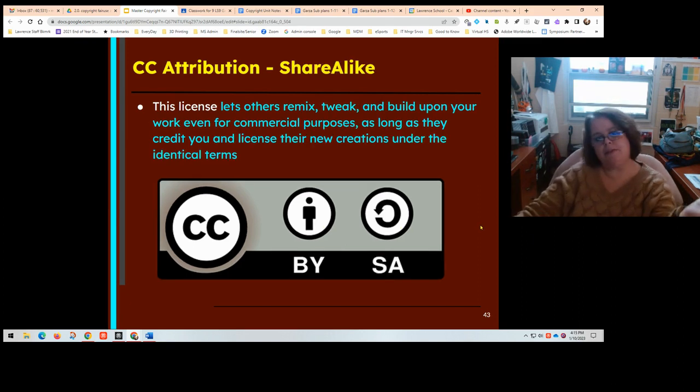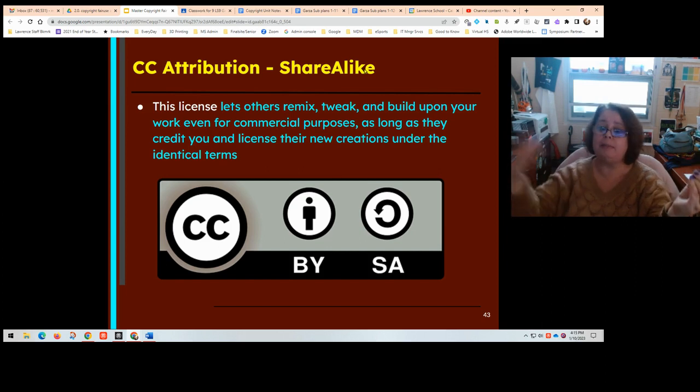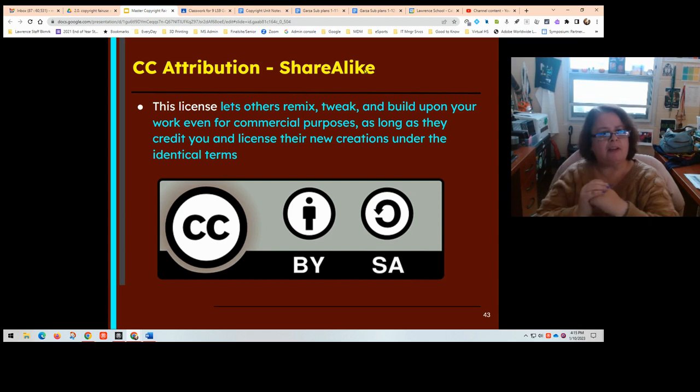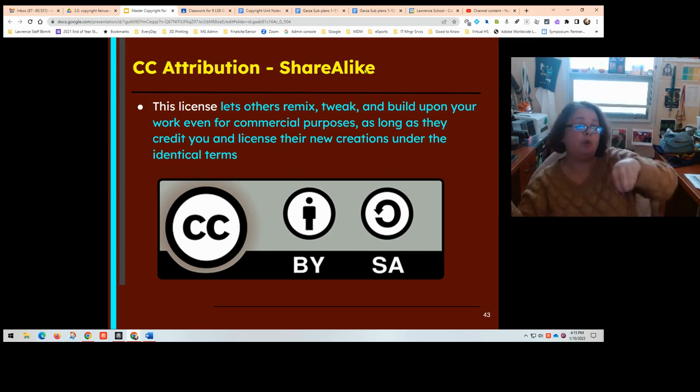The second type of Creative Commons license is called attribution share alike. What that means is that you could use somebody's work, their song, their movie, their book, and you could change it and build on it, even if you're making money off it, as long as you credit them and say they created the original, and if your new creation also has the same license.